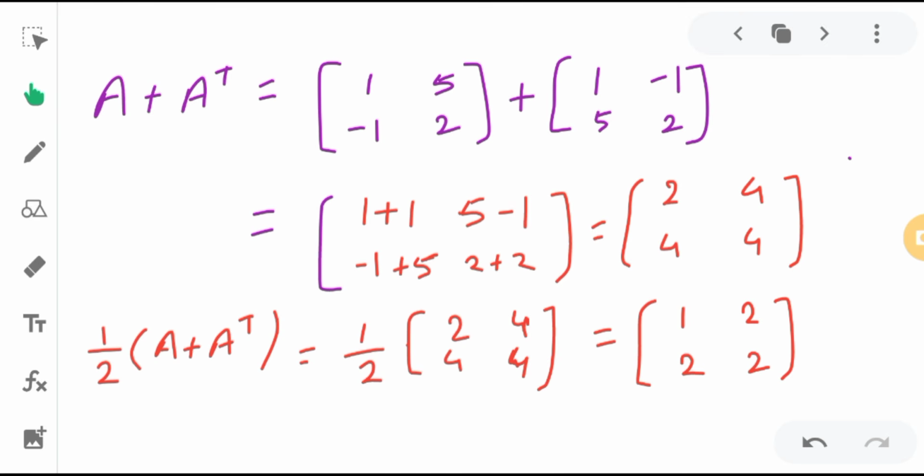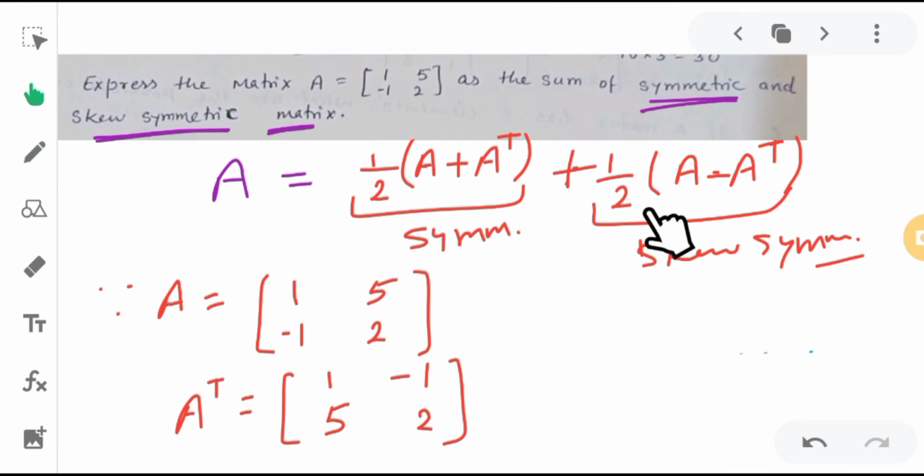Now in the next page I will find the skew symmetric matrix. Skew symmetric means half of A minus A transpose. So first I will find A minus A transpose.